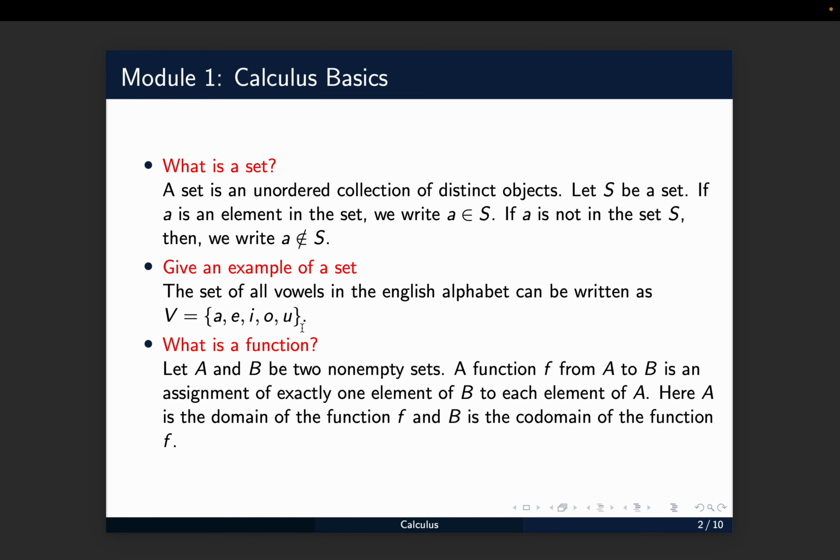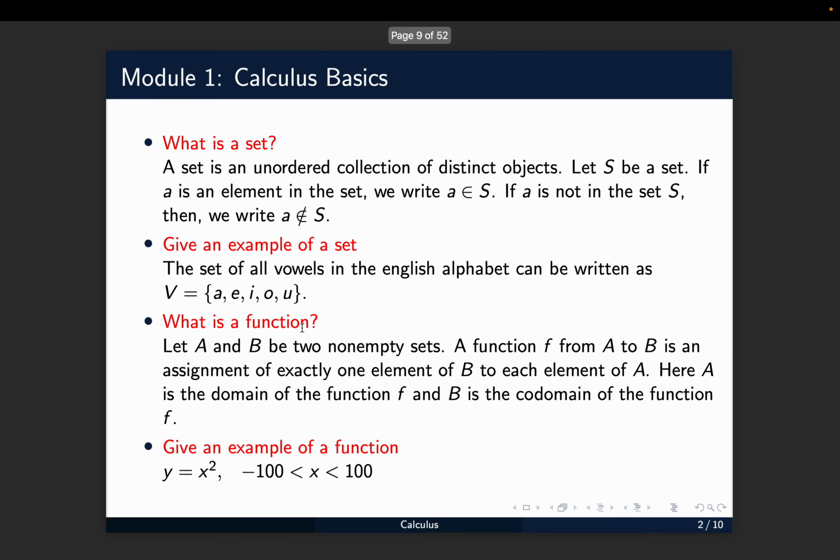So this is exactly the definition of a function. The function is always defined between two non-empty sets. Let me give an example of a function. Here I have given y equal to x square as an example of a function.